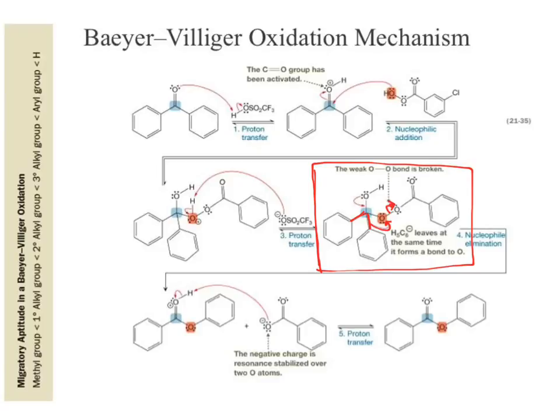Why does it migrate? So a good question would be, why even bother? Why should it even consider migrating? Okay, well, once it's attacked, what is the highest energy structure or highest energy bond in all of this is that oxygen-oxygen bond.